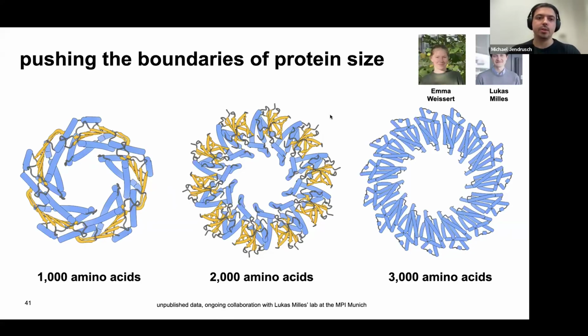So we're trying to push the boundaries of what's possible to design with a protein structure diffusion model and go beyond the limit of 1,000 amino acids. The goal in the end is to push this all the way to de novo designed assemblies of 3,000 to 6,000 amino acids in size. Here's a couple example structures that we were working on.